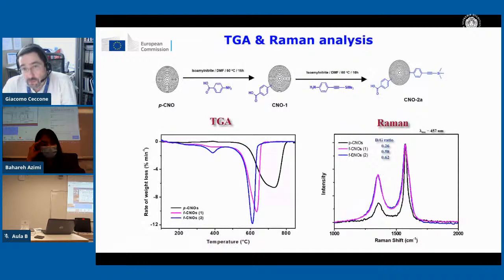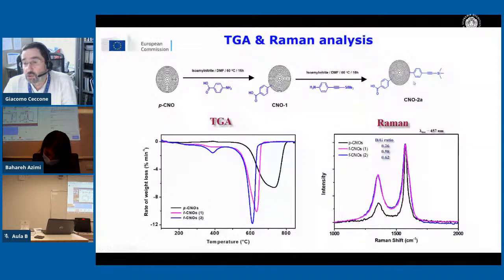So with the Raman and TGA analysis, we are able to check that the functionalities are there. You see that there is a decrease in temperature with the TGA, compared to the pristine carbon nano-onions, when you go to the carboxyl functionalities, and when you go to the trimethyl siloxane functionalities here.